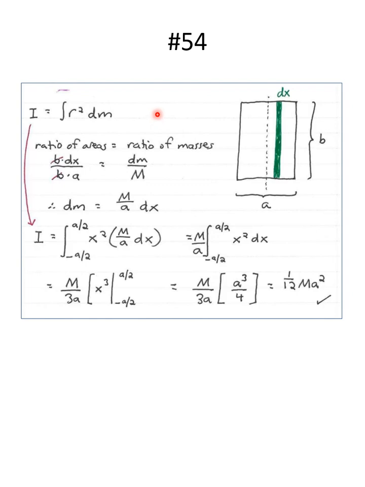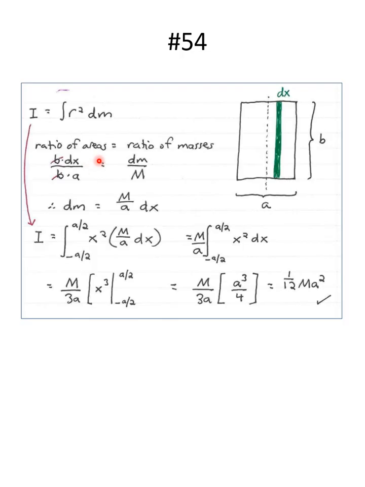I'm going to divide the flat plane into many thin rectangles, these thin strips of width dx. And so the ratio of the areas of the strip divided by the plane.